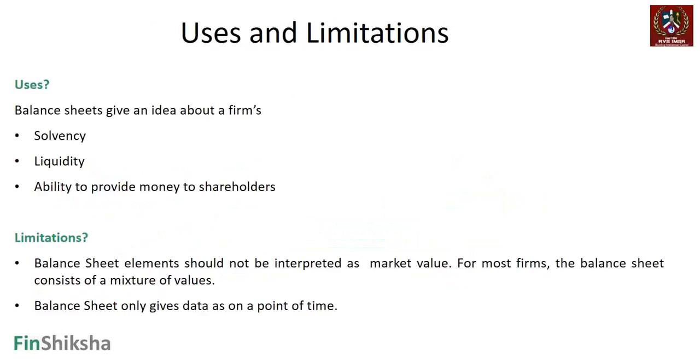Now, the balance sheet of a firm gives us an idea about the firm's solvency. What do we mean by solvency? Ability to repay debt, right? That's called solvency essentially. Can they borrow money? Will they be able to give it back to the liability guys?